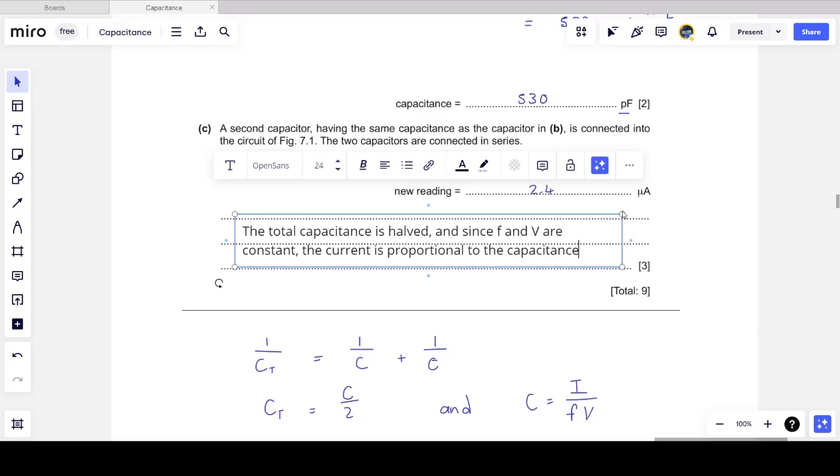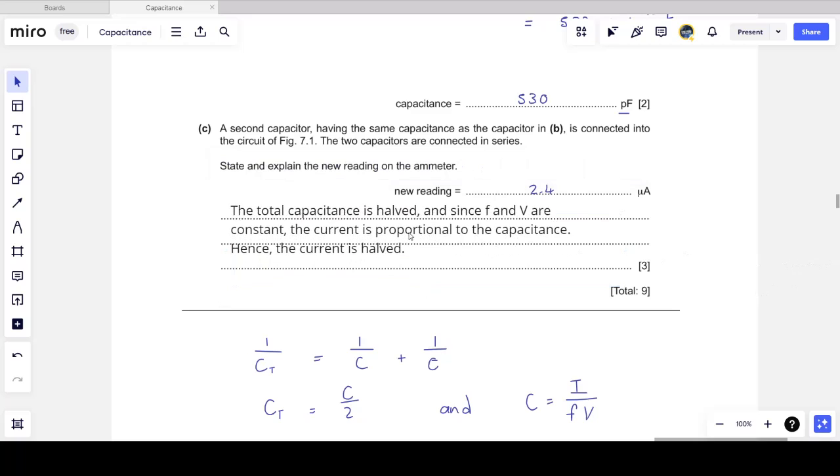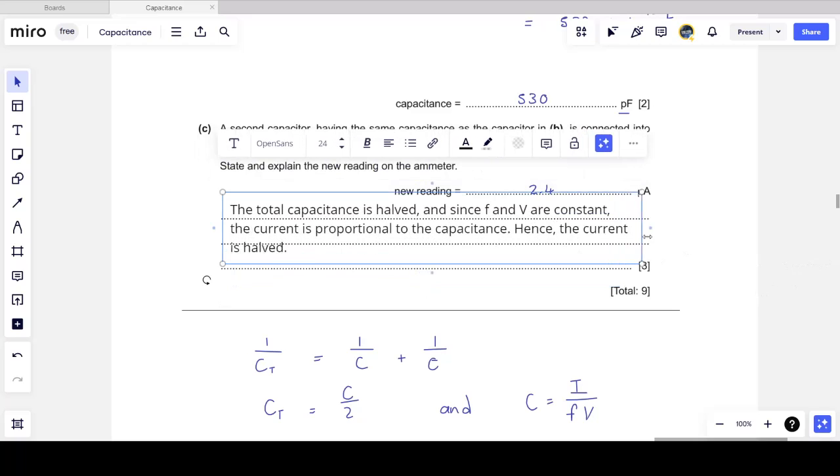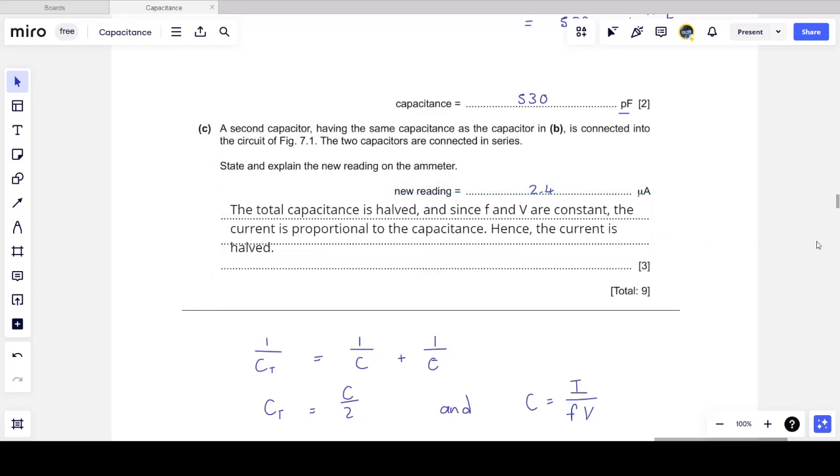So the current is proportional to the capacitance. Capacitance is halved, hence the current is halved. So I'm indirectly saying that the reading on the ammeter is halved. Well, obviously, the current is halved, and whatever you read on the ammeter will be the current, which will also be halved. So capacitance halves, and capacitance is proportional to current, so current is halved.